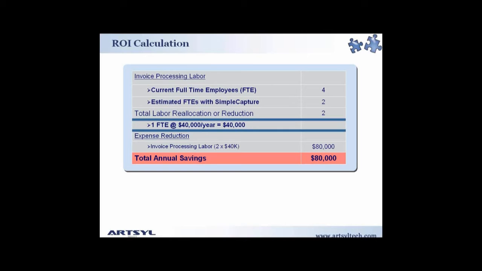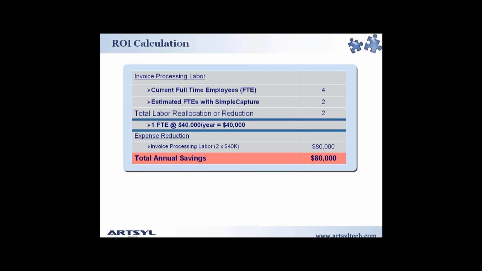If you're in a growth mode, you can double your volume with the same amount of staff. Either way, the calculation is basically the same. In this case, if today it takes 4 full-time AP clerks to process your invoices, with SimpleCapture we would estimate only 2 would be required.